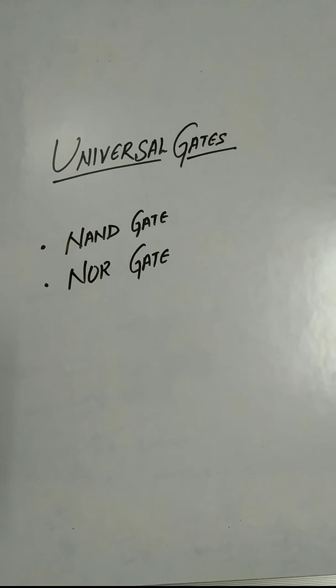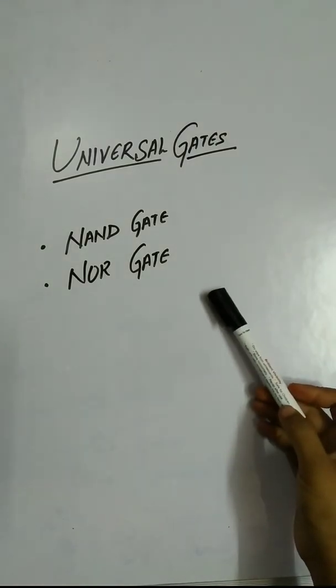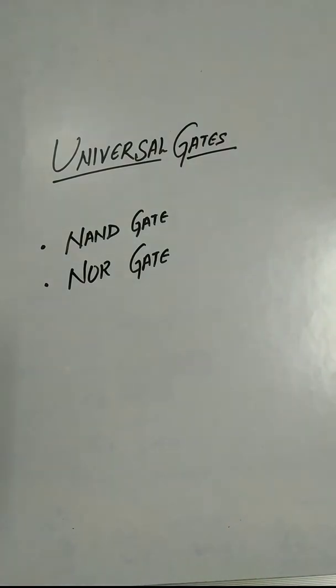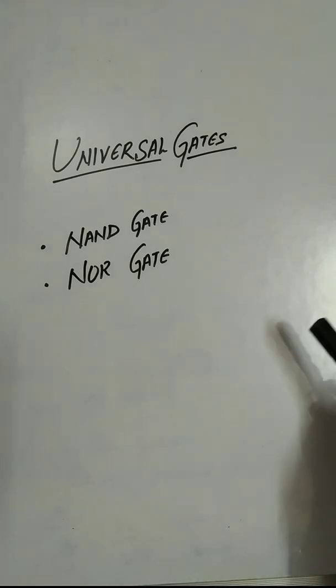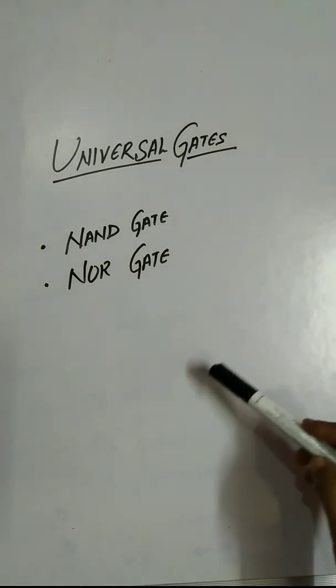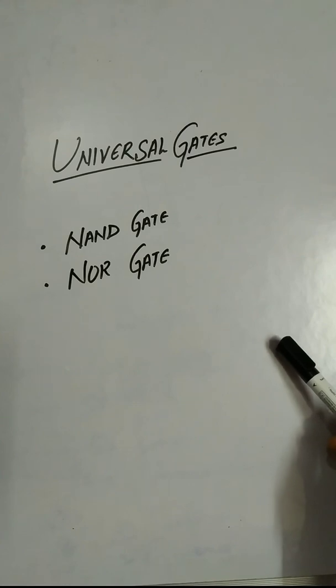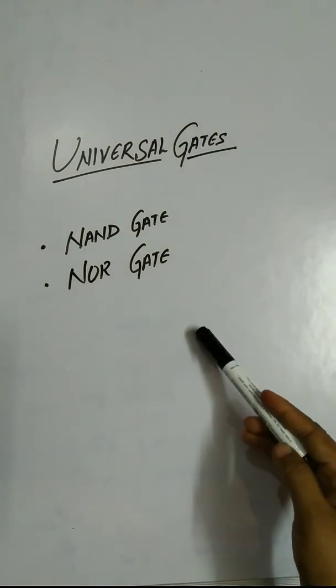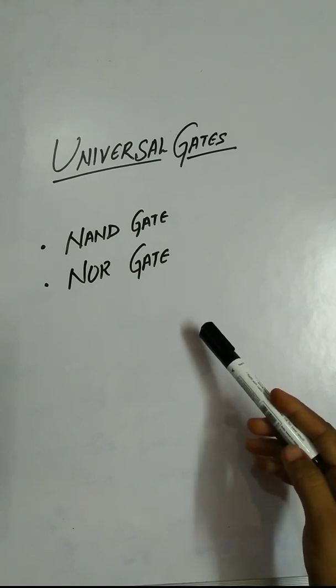Universal gate. Universal gates means NAND and NOR are known as universal gates because all the other gates, the basic gates AND, OR and NOT, can be constructed using only these two gates.